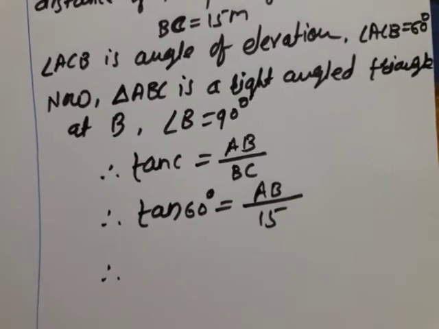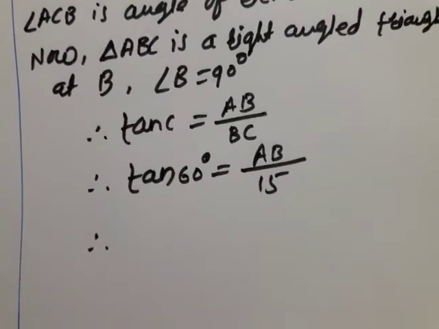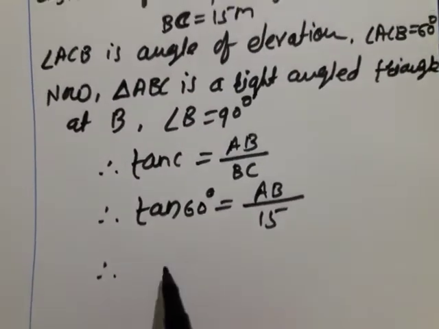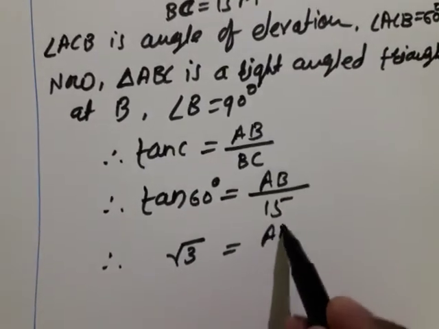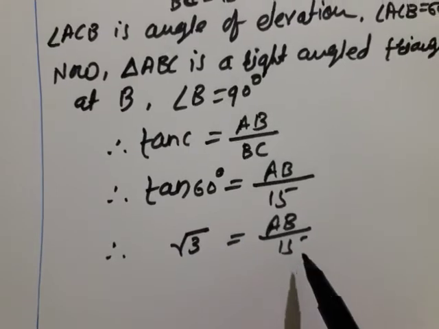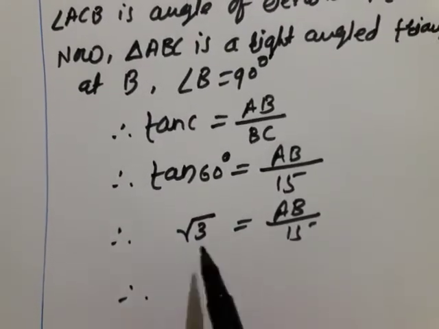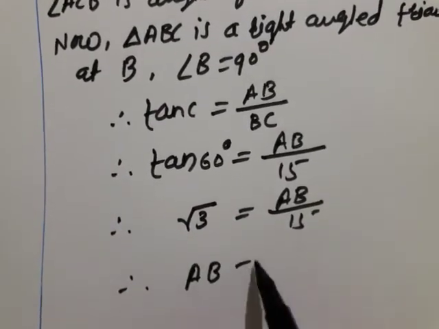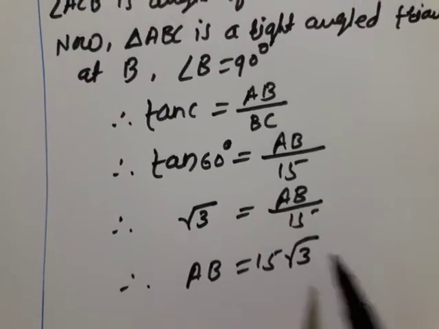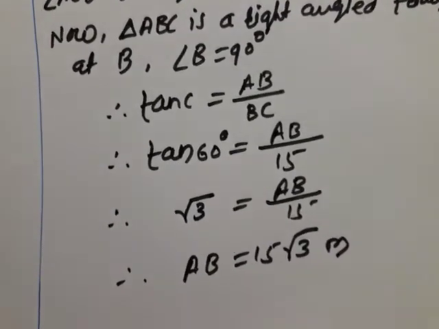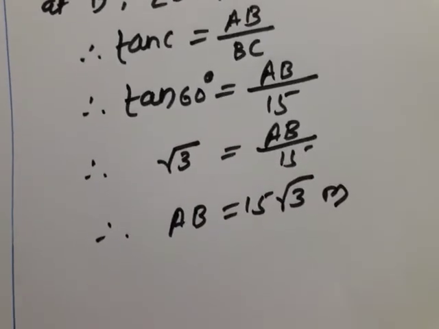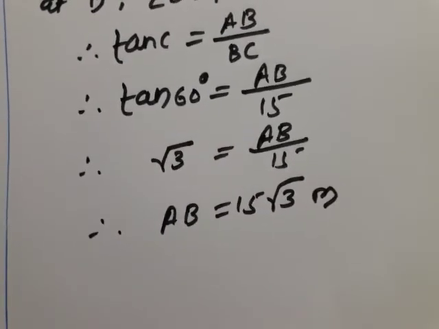Here in the introduction I told you, the table is very much important. Tan of 60 degree, you know that very well, tan of 60 degree is √3. Then AB divided by 15. Cross multiply. 15 into √3 means AB is equal to 15√3. AB is the distance in meter, means the height of that respective tower is 15√3 meter.